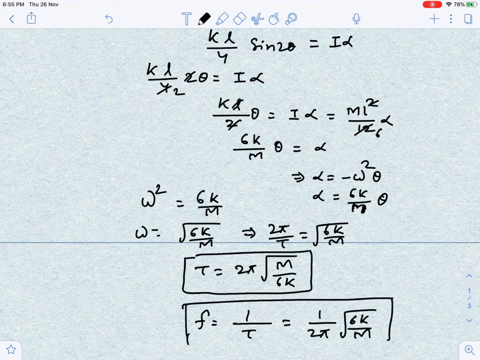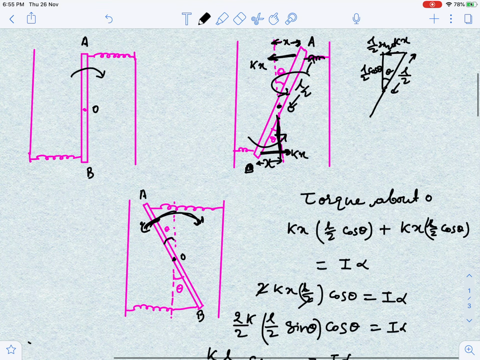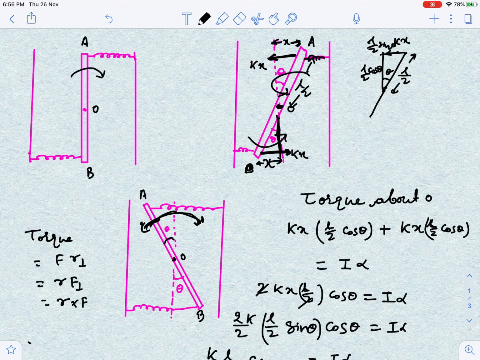So you can calculate frequency, time period, omega, all of it with the help of this question. What we have done first is calculate the torque about this hinge or fixed support O. The torque of the upper point is kx into the perpendicular distance, force into perpendicular distance, because torque can be written as r perpendicular into F, or r cross F, or rF sin theta.